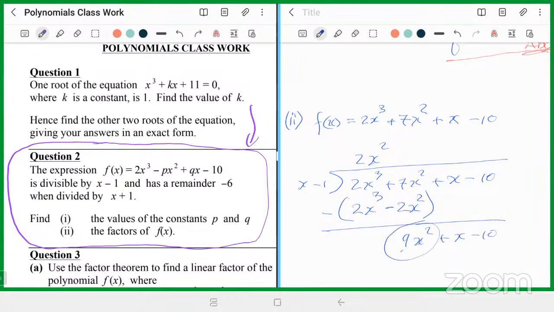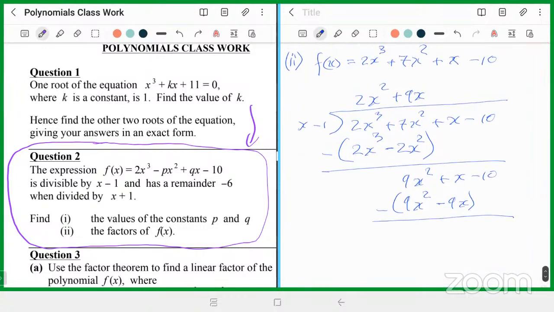And it's this one divided by that again. So I'm going to get plus 9x. The 9x times these will give 9x squared minus 9x. And we're subtracting again. So this makes it a positive 9x.